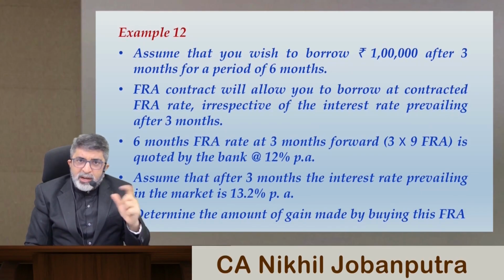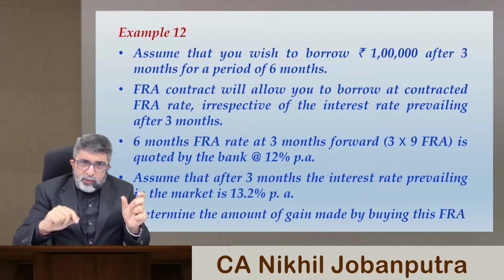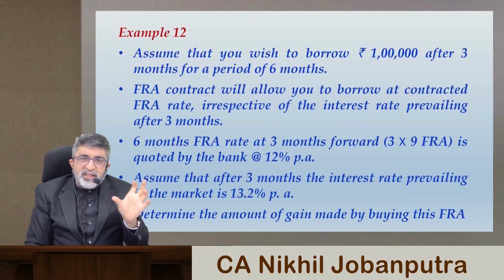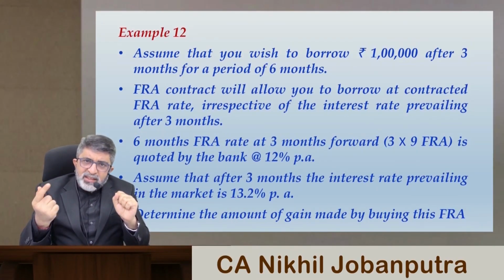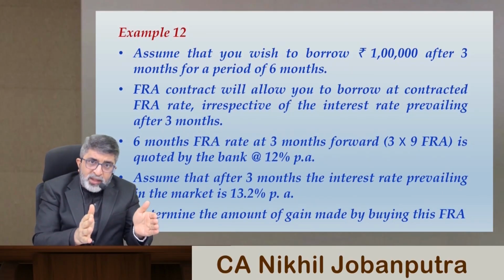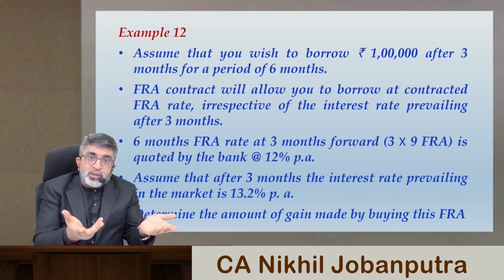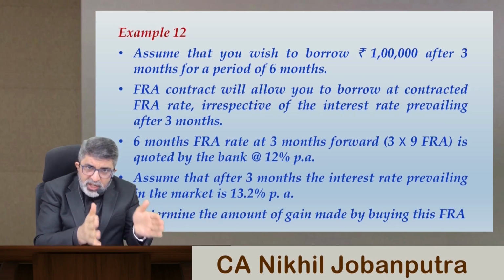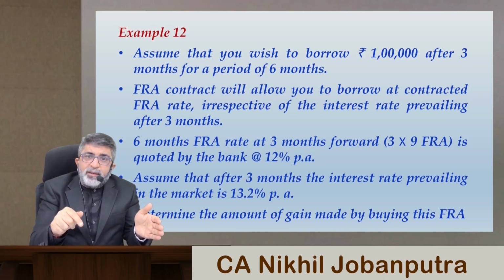So first of all, determine the periodic rate. The periodic rate will be 6 by 12 of 13.2%, means half of 13.2%, that is 6.6%. So the amount of borrowing is rupees what? 1 lakh, that is the notional principal. You want to find 6.6% of that.